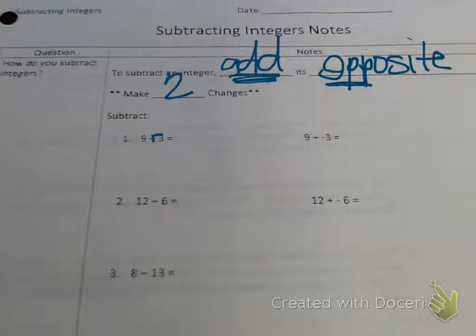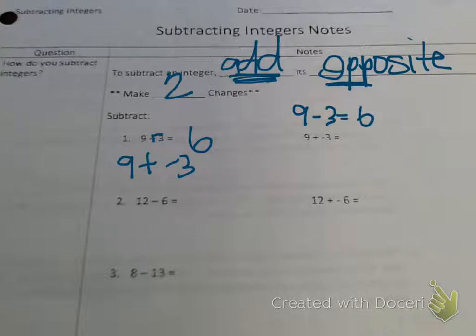So 9 plus negative 3. Well, when we're adding and we have two different signs, we subtract and we end up with 6. You can see that we ended up with the problem 9 plus negative 3, and we started out with 9 minus 3, which you know is 6 if you just look at the problem.